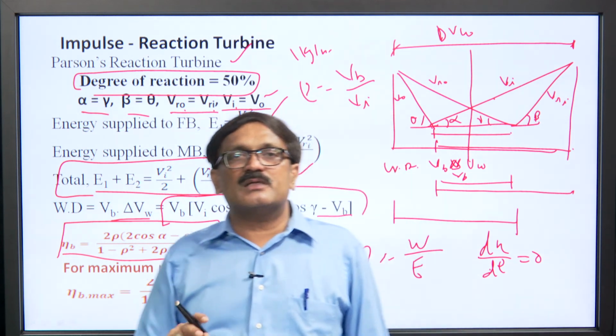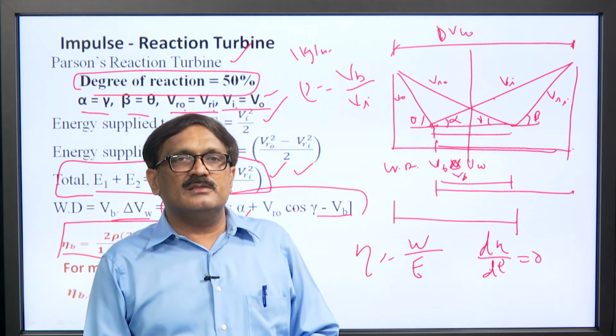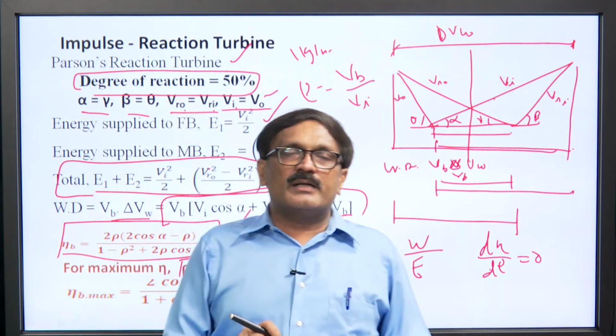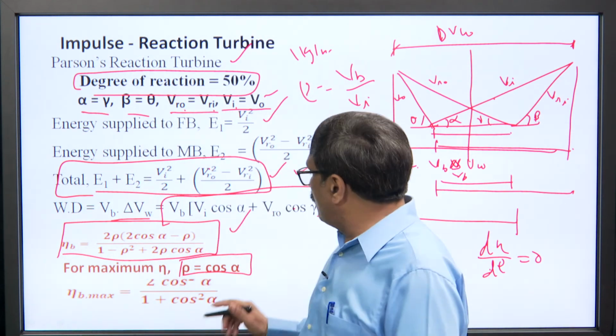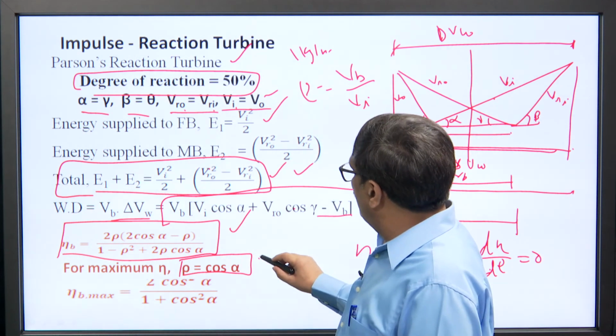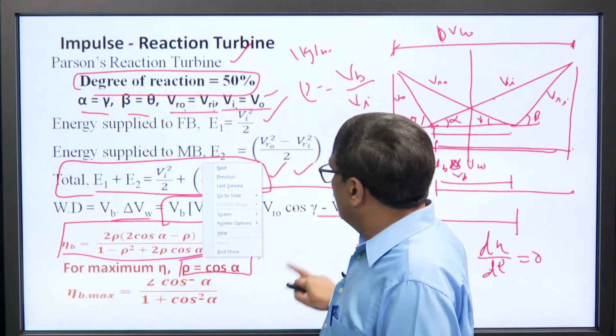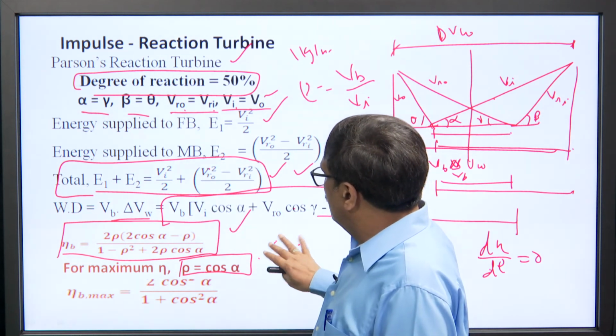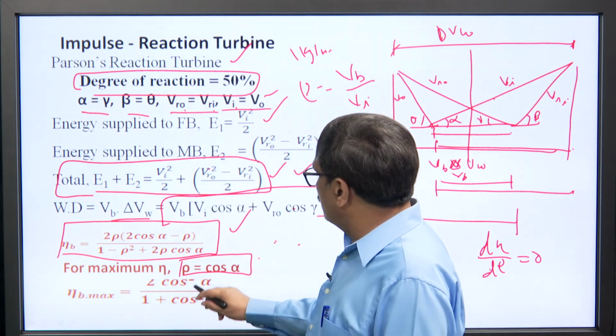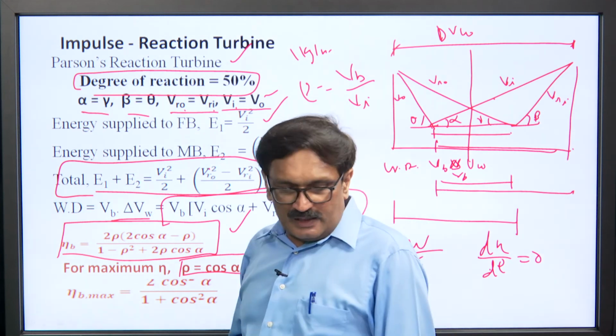In the case of the impulse turbine, we have seen that maximum efficiency occurs at rho equal to cos alpha by 2, but here it occurs at rho equal to cos alpha. Putting rho equal to cos alpha into the efficiency expression gives 2 cos square alpha upon 1 plus cos alpha.